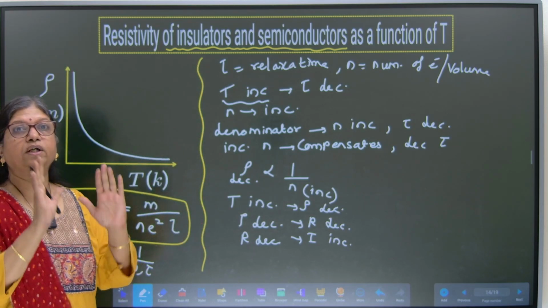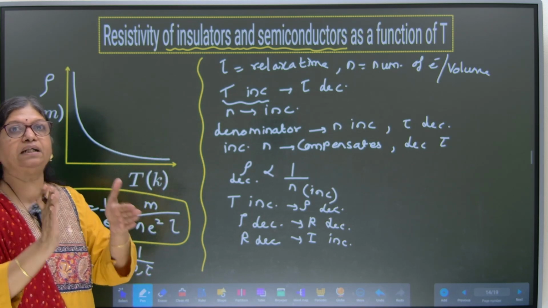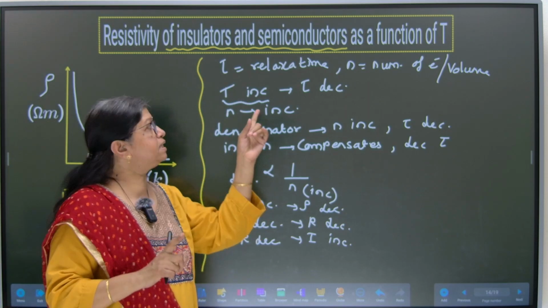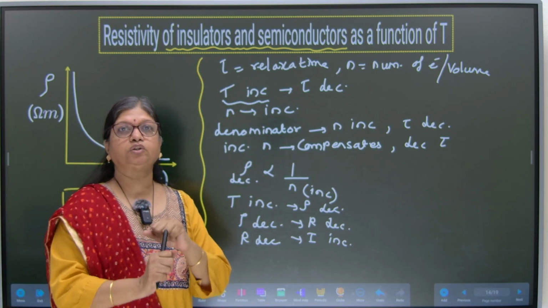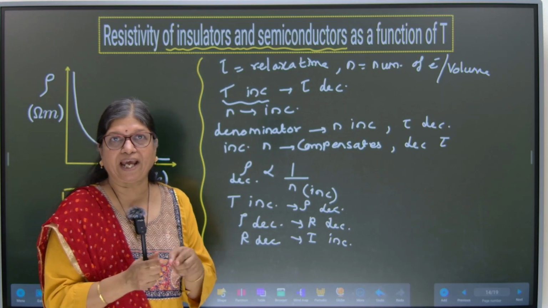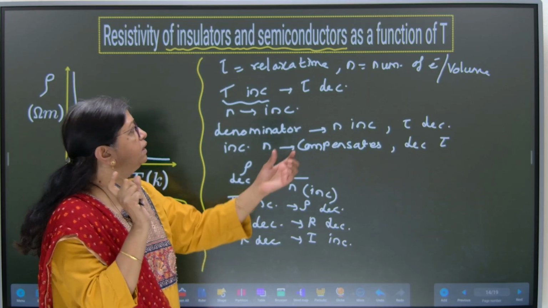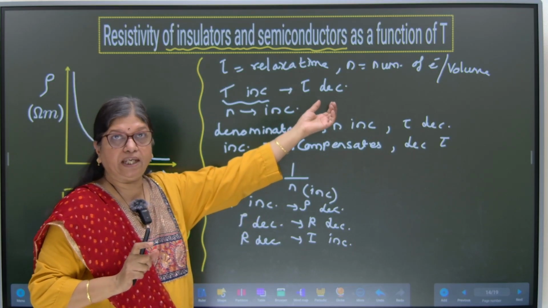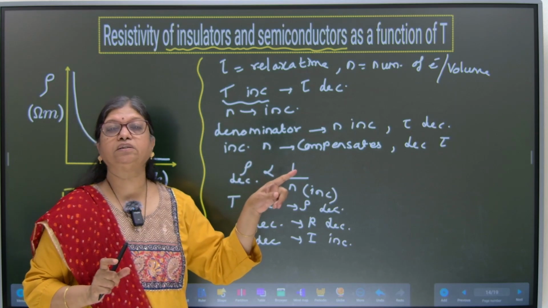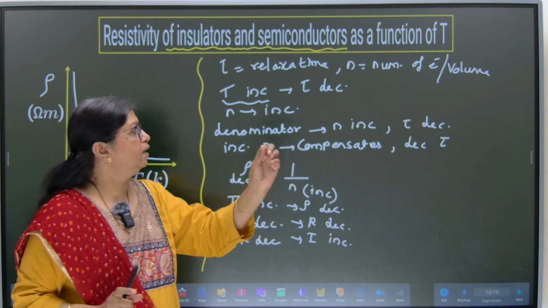Okay, so don't get confused between what is increasing and what is decreasing. Understand the concept. As the temperature increases, the electrons will start moving faster towards each other, so they will collide frequently. So the relaxation time tau will decrease, but the number of electrons which become free due to the temperature also increases.